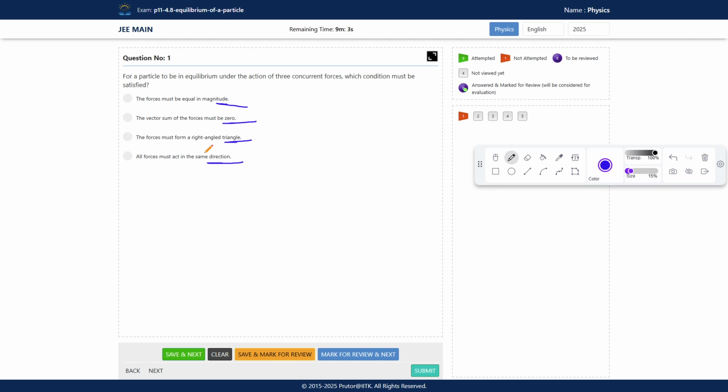You have to find out the equilibrium condition under the action of three concurrent forces.